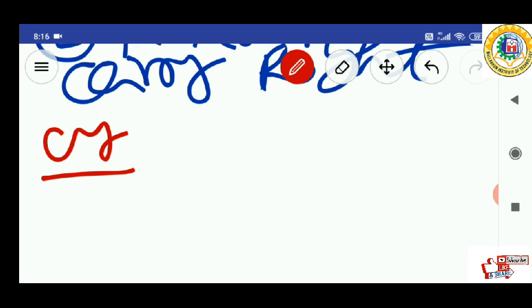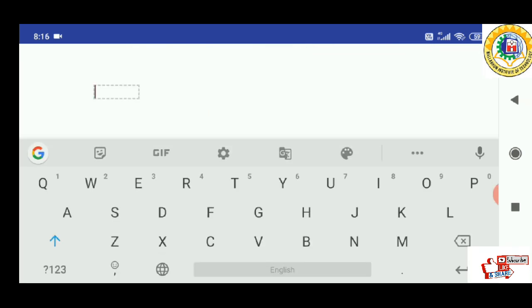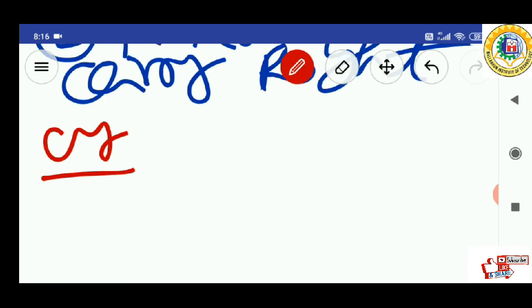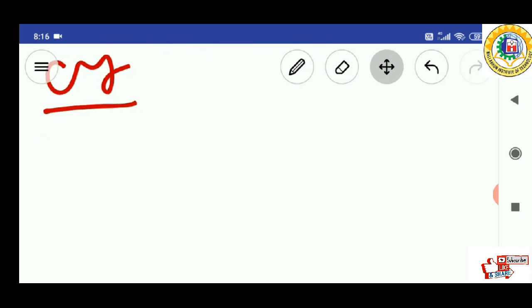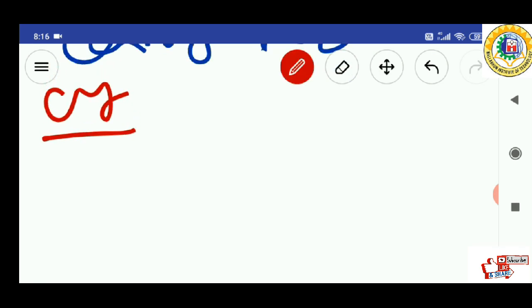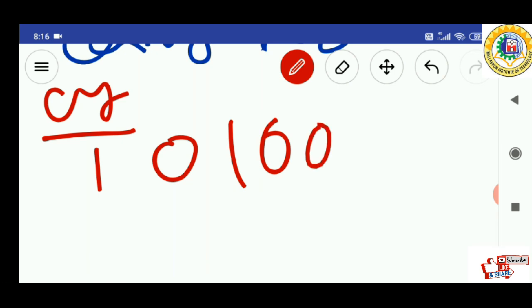Suppose this carry flag is 1 and the original data is 0 1 0 0 1 0 0 1. This is your original data.